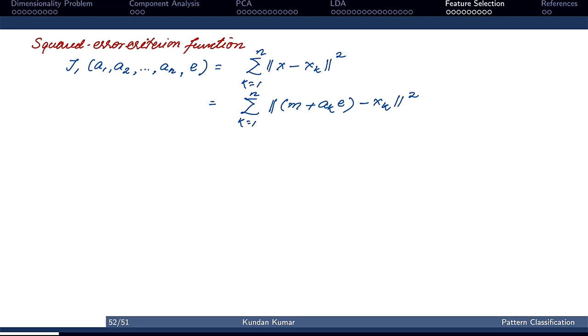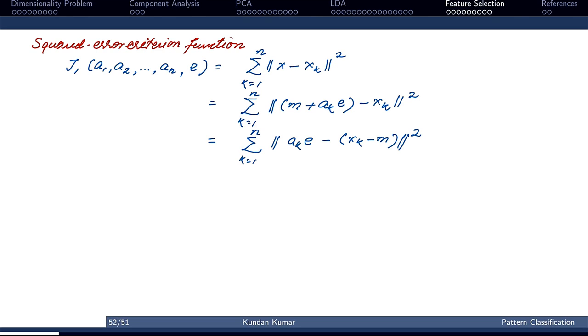Now just rearrange the terms: ak e minus (xk minus m).